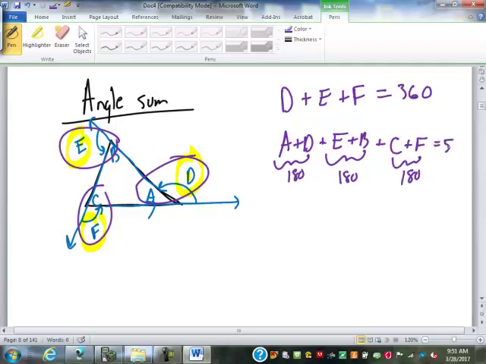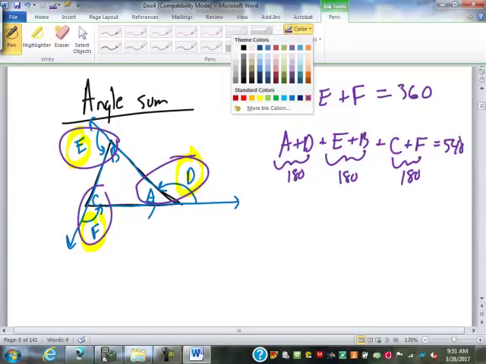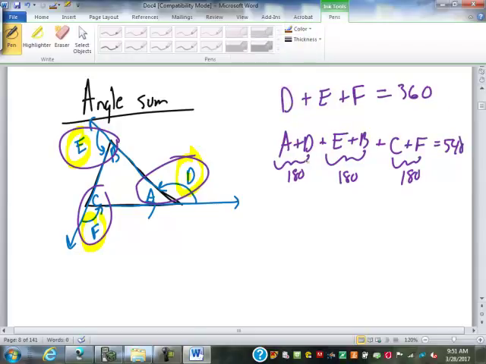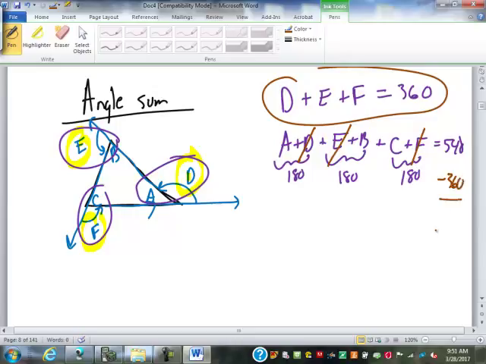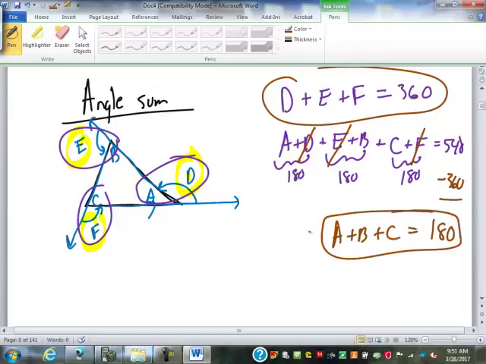Well, that adds up to 540 degrees total, right? But from that, I'm going to subtract the D, E, and F, which is a total of 360, leaving me with 180 degrees. A plus B plus C will always add up to 180 degrees, no matter what shape the triangle is.